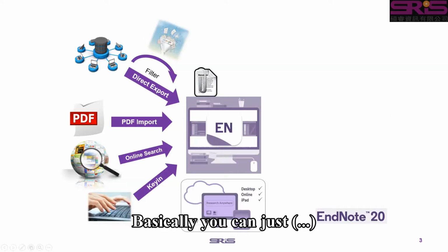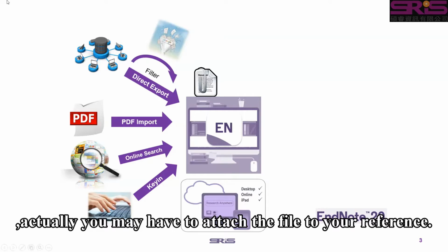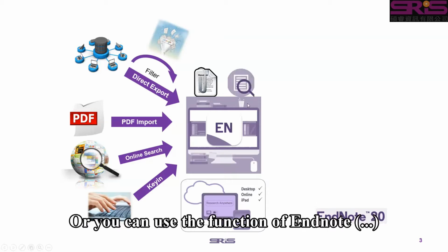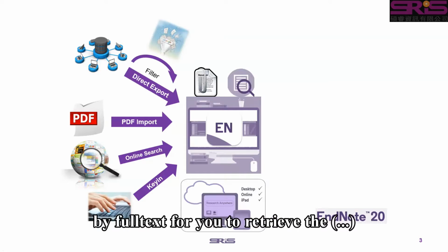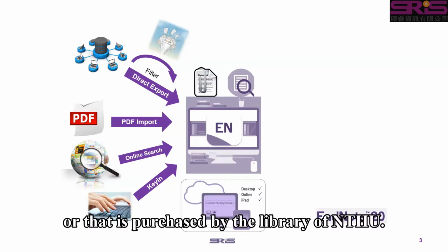Basically, you can get the bibliographic information from the import. But if you need the PDF, you may have to attach the file to your reference, or you can use the EndNote function Find Full Text to retrieve the full text that you can download from online, or that is purchased by the library of NTHU.